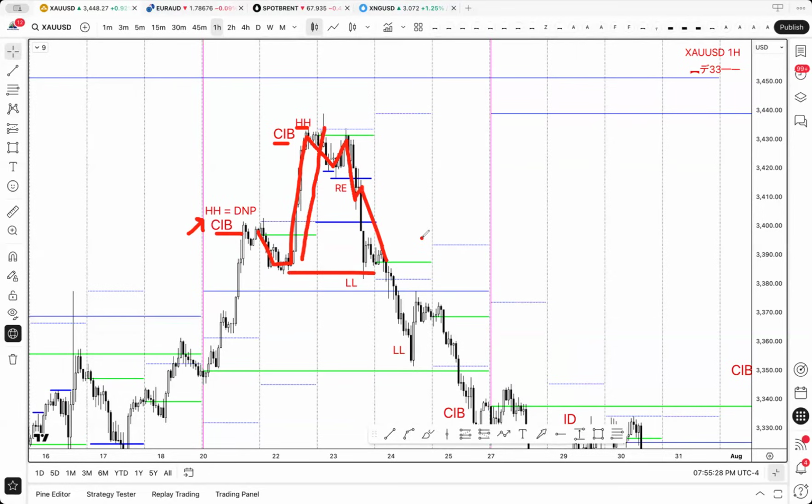This was a textbook basic pump and dump template. And then they continued to break down because we were getting lower lows. What does that equal? Lower lows equals pump, coil, dump.